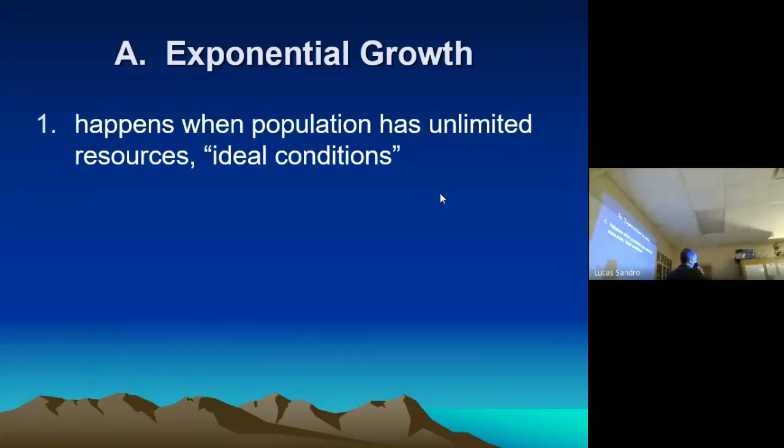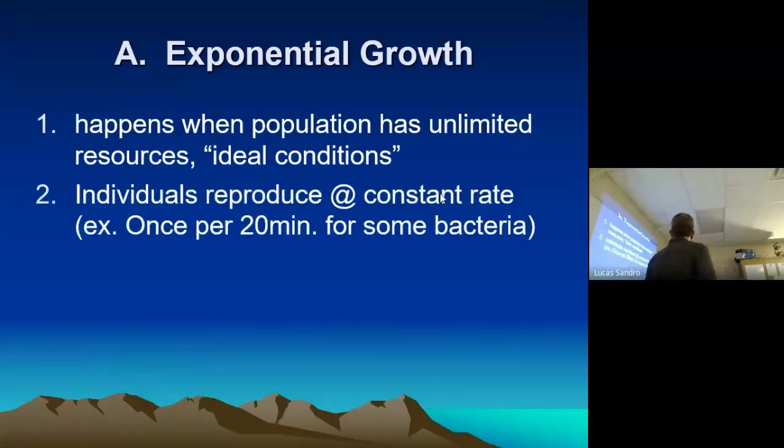What we know is that exponential growth is what happens every time a population has unlimited resources, has all the stuff it needs, has ideal conditions. Basically, what happens when they have everything they need is they start to reproduce at a constant rate.